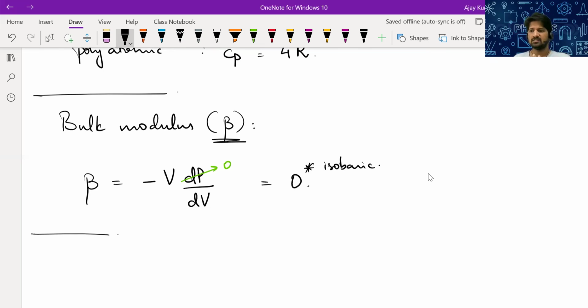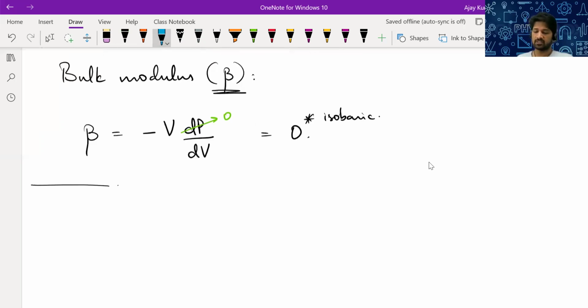Now, you may say that, sir, if we are compressing something, pressure must increase. You are changing temperature accordingly such that its pressure does not increase. Here we can give an explanation based on kinetic interpretation of pressure. We had derived that PV is equal to 1 by 3 mn average of square of speed of the gas molecules. And from this itself, we got PV is equal to nRT.